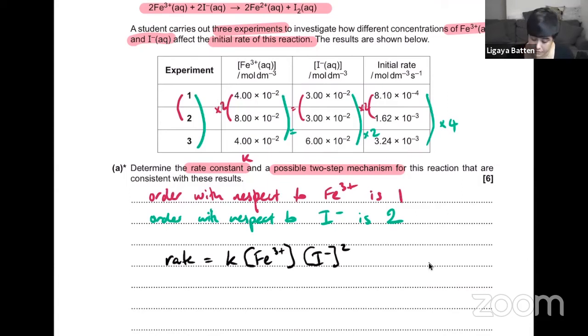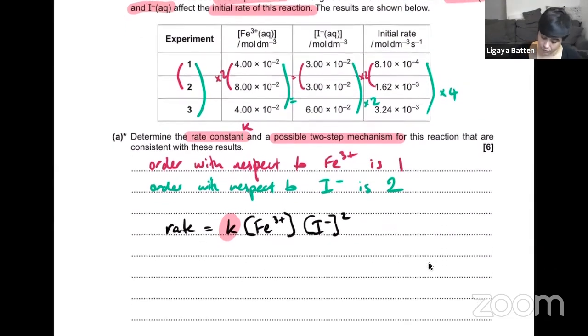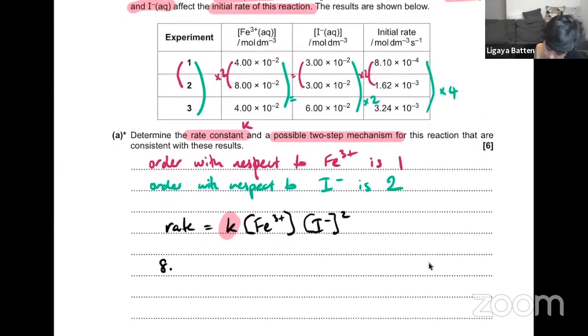Okay, so now we want to calculate the value of k. We need to just choose any of the experiments and substitute the data in. So let's look at experiment 1. The rate is 8.1 times 10 to the minus 4. The concentration of Fe3+ is 4 times 10 to the minus 2.